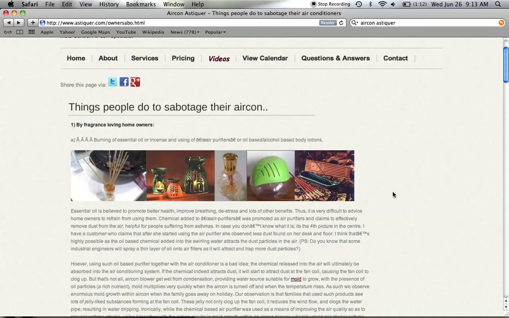So in a not well ventilated place, especially when these oil particles are released, the amount of mold and bacteria, which is biofilm, actually multiplies. So if you can't ventilate your place, please stop feeding the mold and the bacteria.